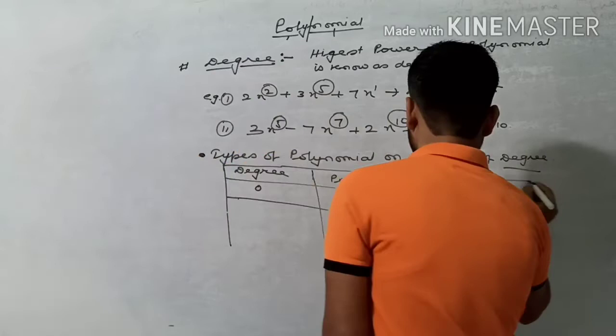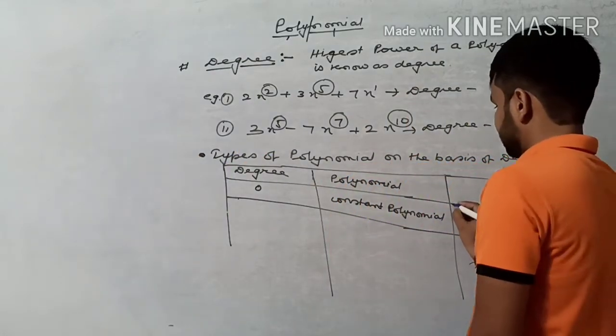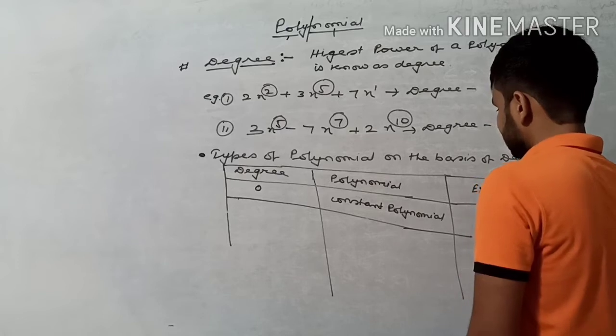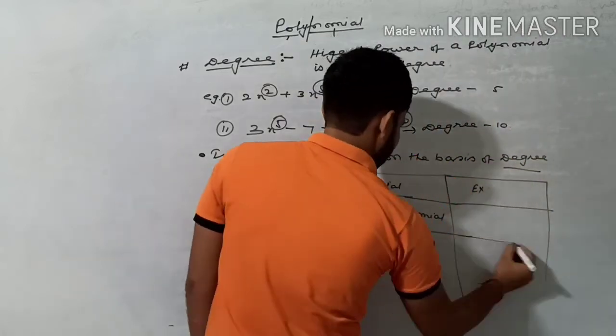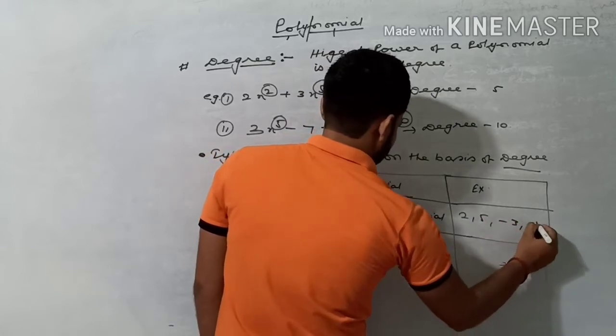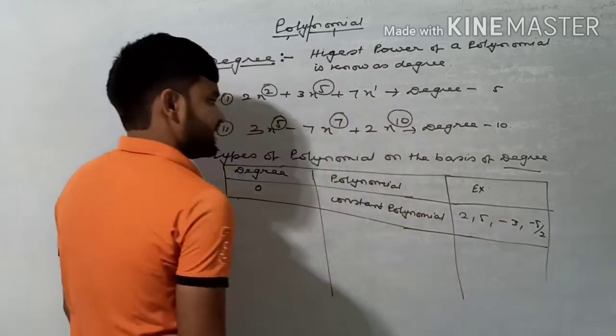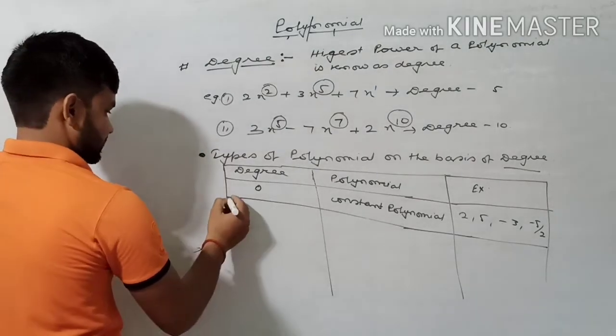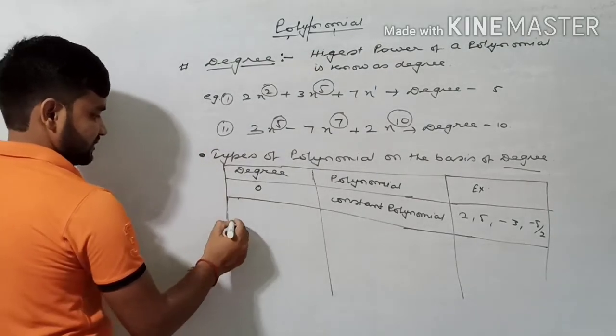That means if we write any number, examples, 2, 5, minus 3, minus 5 by 2, these are the zero polynomial or constant polynomial.